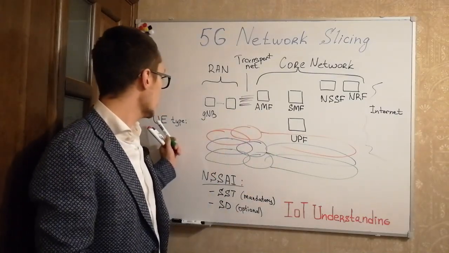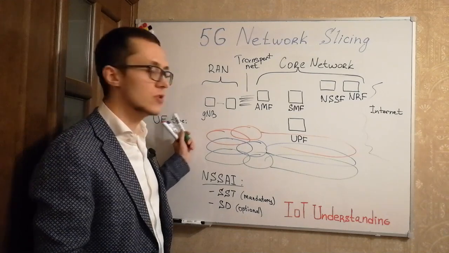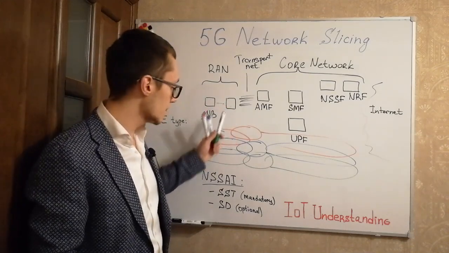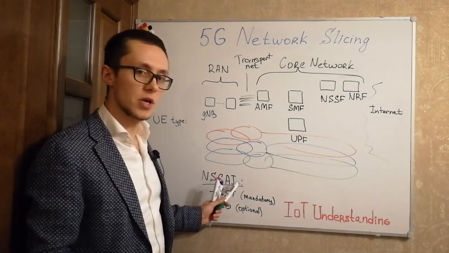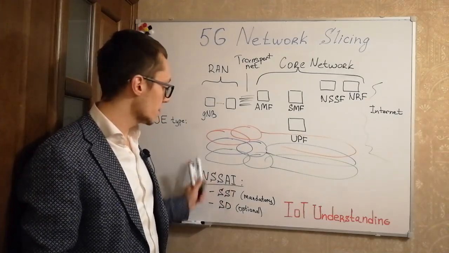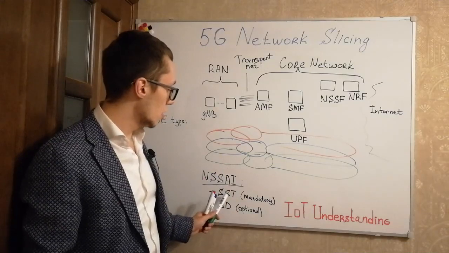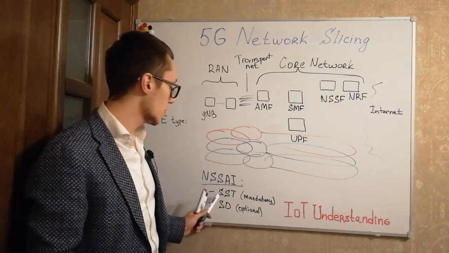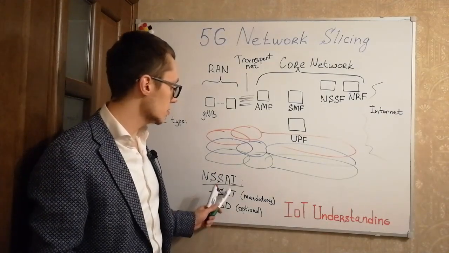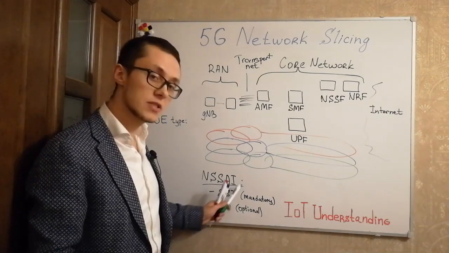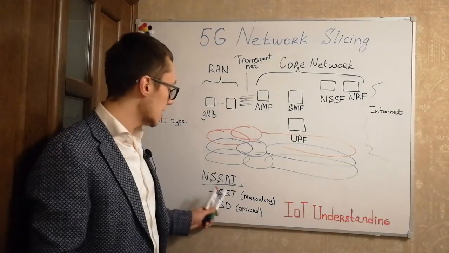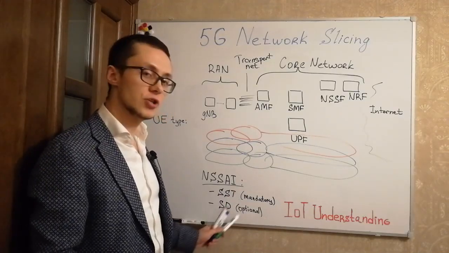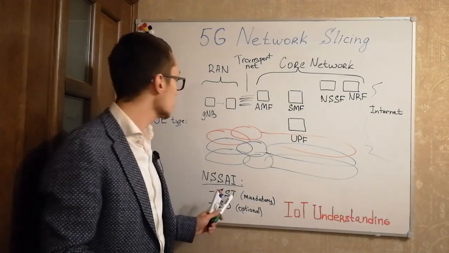User equipment may transmit to the network Network Slice Selection Assistance Information. This information consists of such fields as the slice service type field, which is a mandatory field, and the slice differentiator field, which is optional.